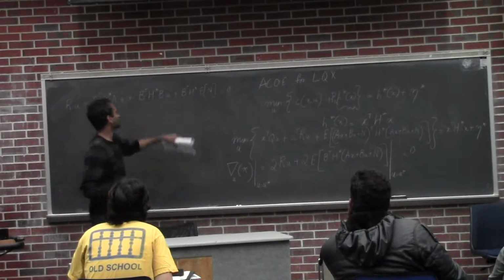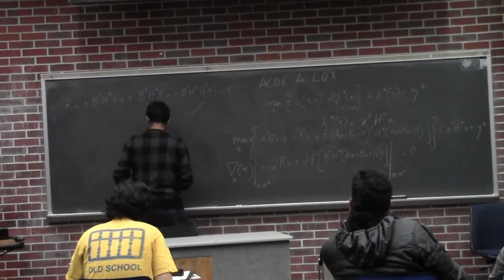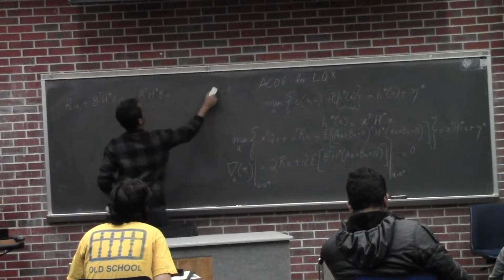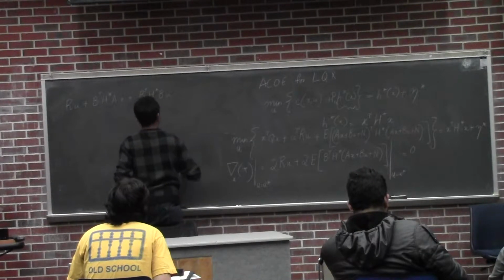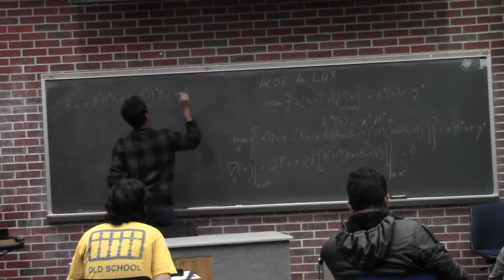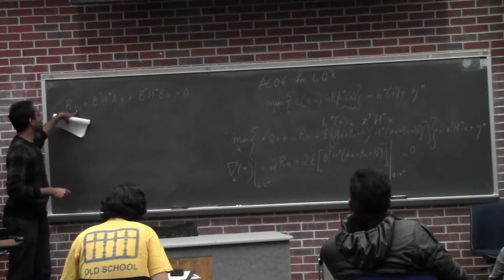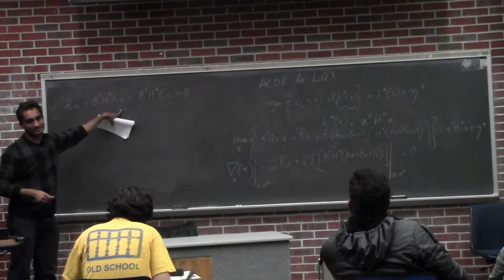Yeah, this is 0, so this term goes away. So you're left with an equation that is u and x.